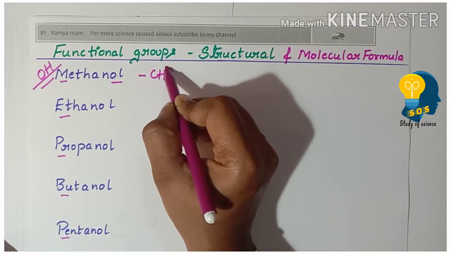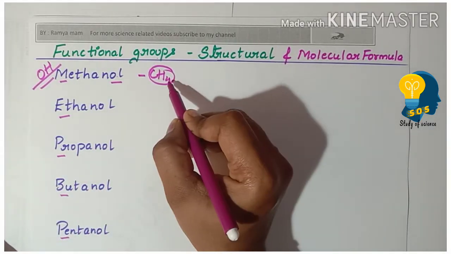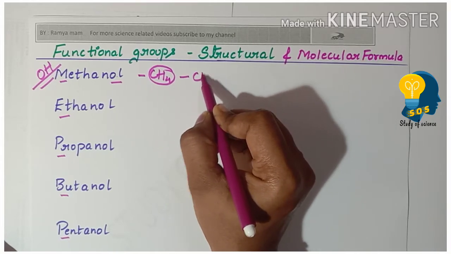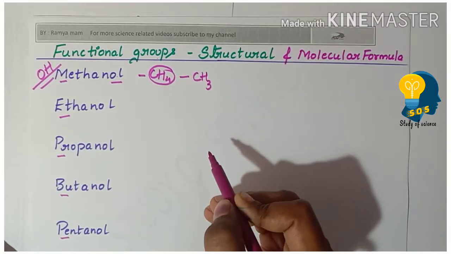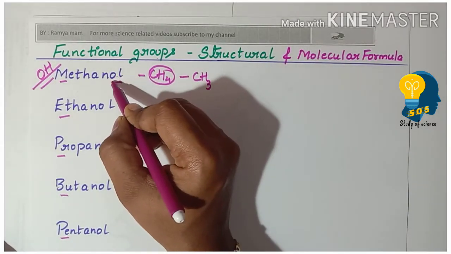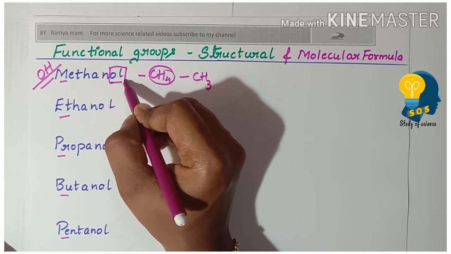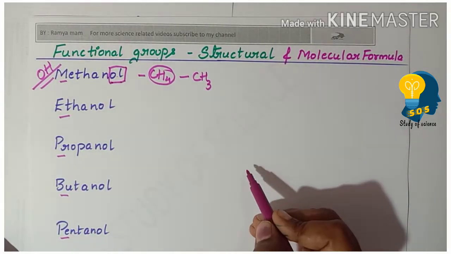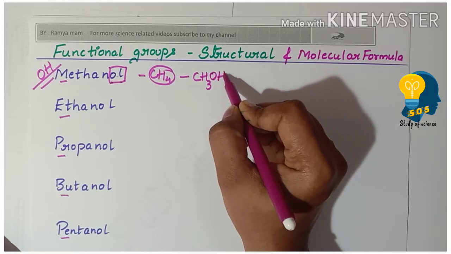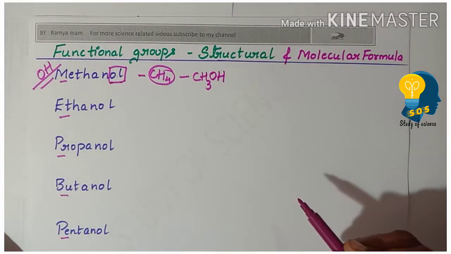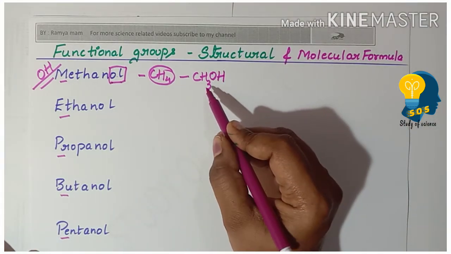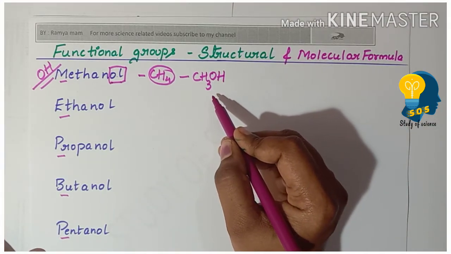As we are removing 1 hydrogen from the methane, it becomes CH3. And for this CH3, we are adding the alcohol group. As I told you, in the name it is OL, whereas in the molecular formula, the suffix will be OH. So the molecular formula for methanol is CH3OH.